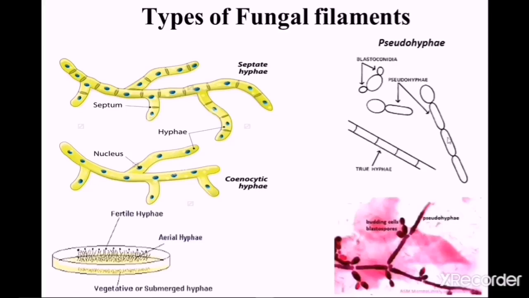If you compare this with true hyphae, the walls are parallel, the septa are not curved, and cell walls are not constricted at septa. Pseudohyphae are mostly formed by Candida, which is a very good example.